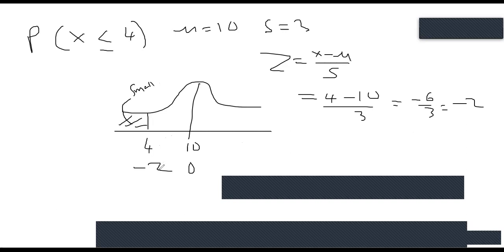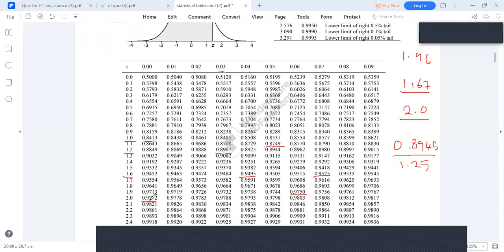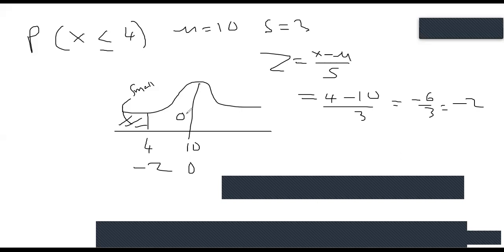From 1. So let's read this 2 from the table. When you go to the table, the 2 reading is 0.9772. So to get the reading there, we are going to subtract from 1. So 0.0228. That is the shaded region here.